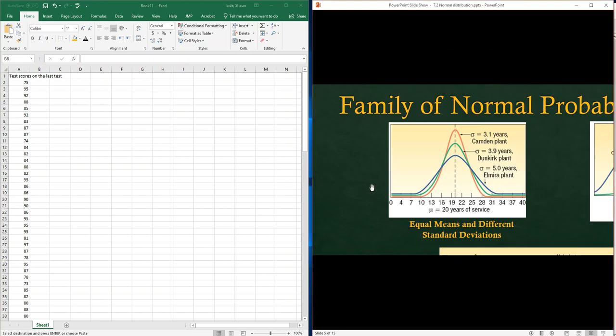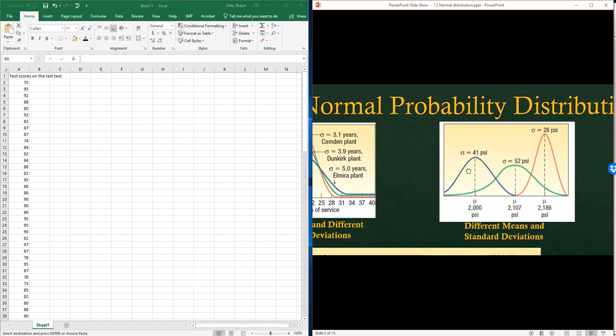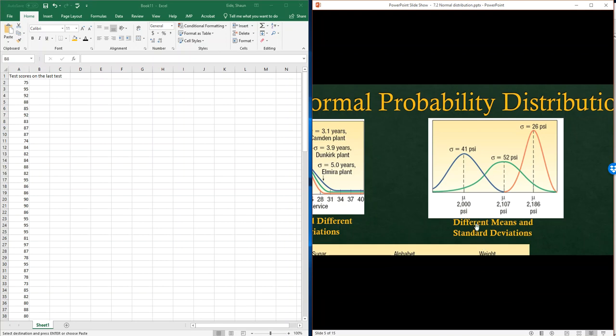Okay, looking here, we have different means and different standard deviations. The x-axis is PSI. Maybe this is pressure inside of the plant, containment or something to that effect.